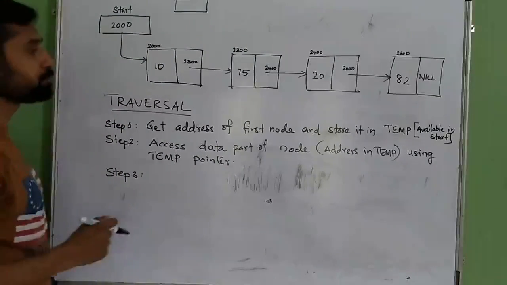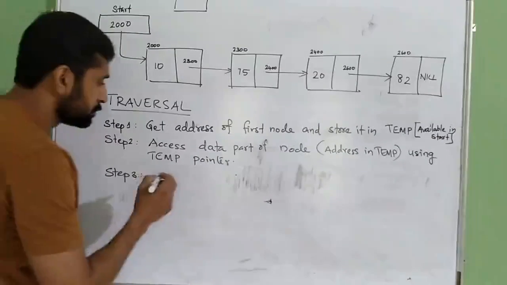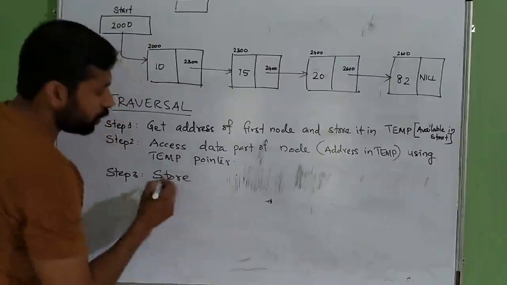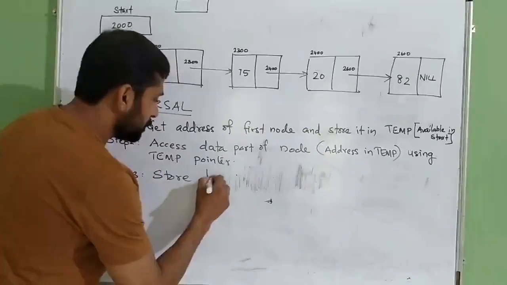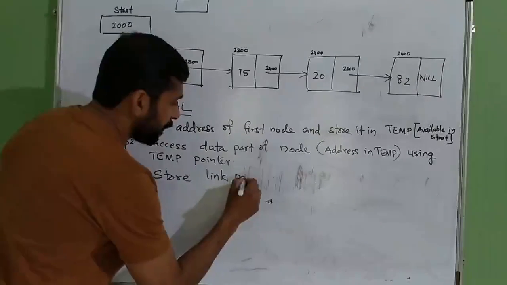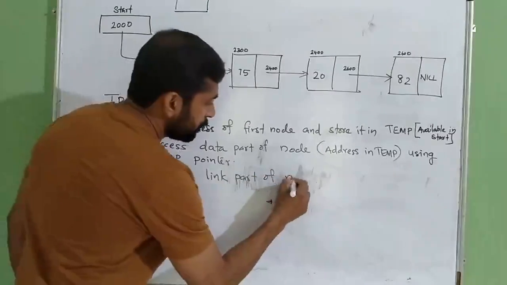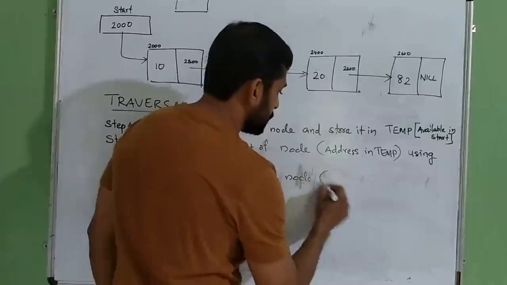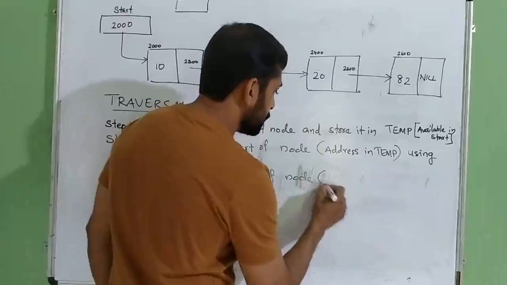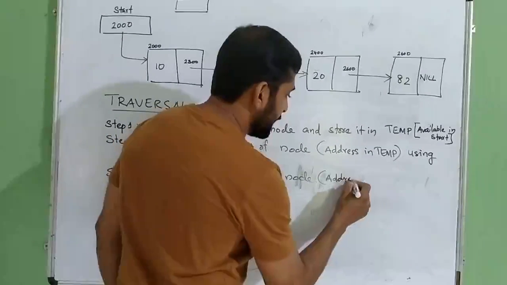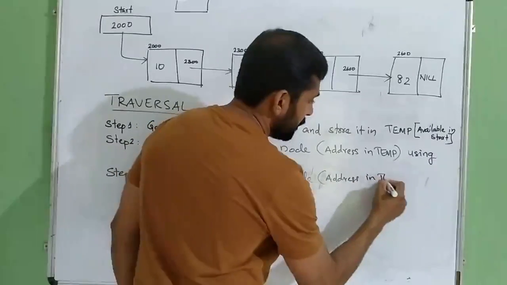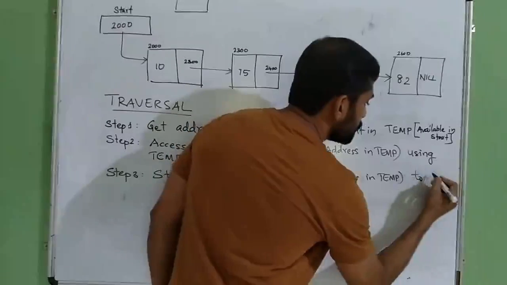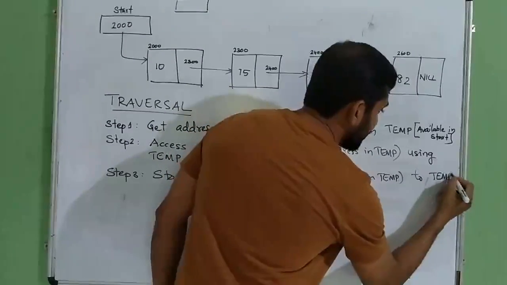Then step 3: store the link part of the node, again the address in temp, to temp.